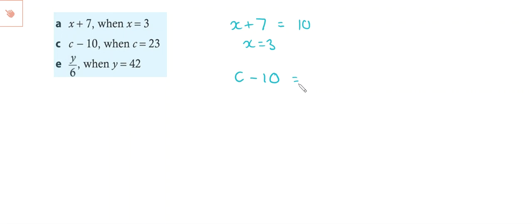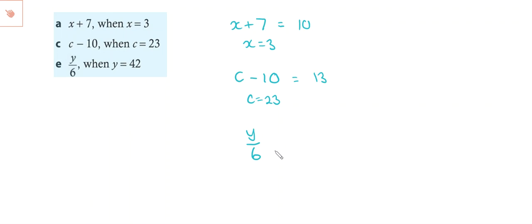Take away 10. So I've just decided that c is going to be 23. So when c equals 23, c minus 10 will equal 13. And finally, y over 6, what's that by the way? That means that it's a fraction, which is a division problem.